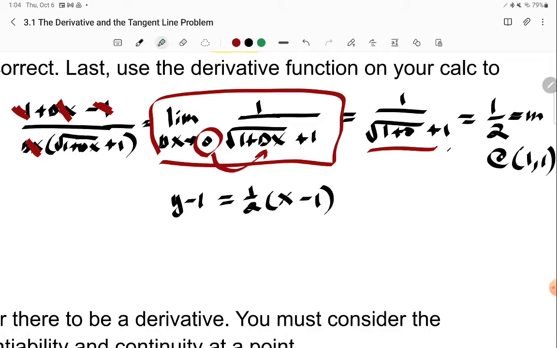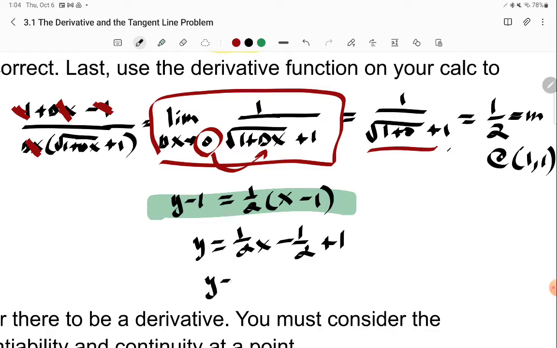And on a test, if I ask for the equation of the tangent line and you stop there, that'd be great, because that is an equation. You could be done there. Or you can solve it for y, which really isn't that difficult because it'd be minus 1/2 plus 1. So y is equal to 1/2 x plus 1/2.